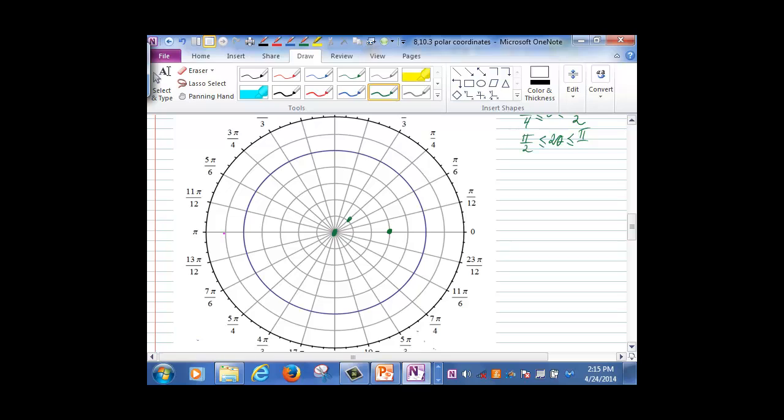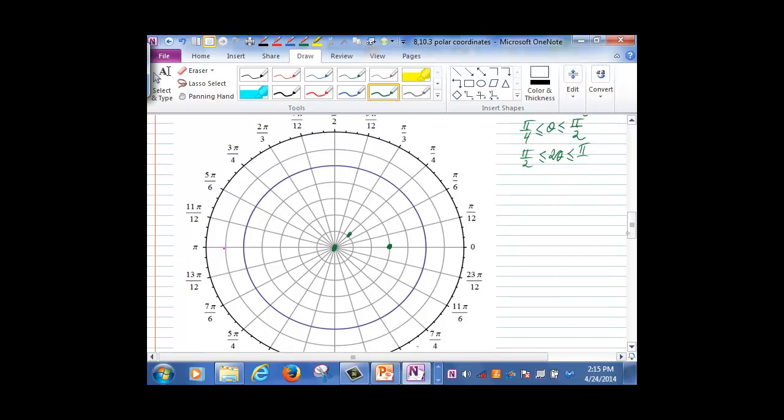And then what was the angle again? 3 pi over 4. The value was what again? 0.3. Okay. And 5 pi over 4, what was the value? Oh, at pi, what was the value? At pi, the value was 1.